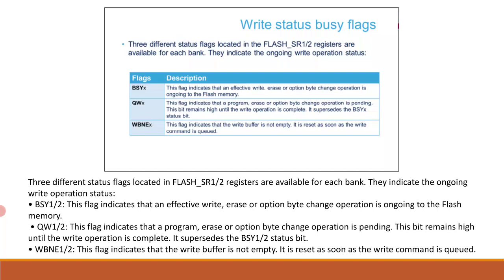QW indicates that a program, erase or option byte change operation is pending. This bit remains high until the write operation is complete, so it supersedes the BSY status bit.